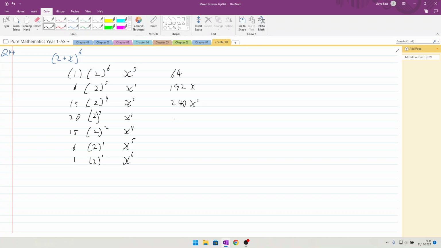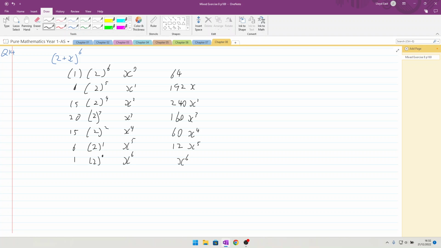Okay, 2 to the power 3, 8 times 20, 160. 4 times 15 for the 2 squares, 60. 2 times 6 is 12, x to the 5, and x to the 6 on its own.